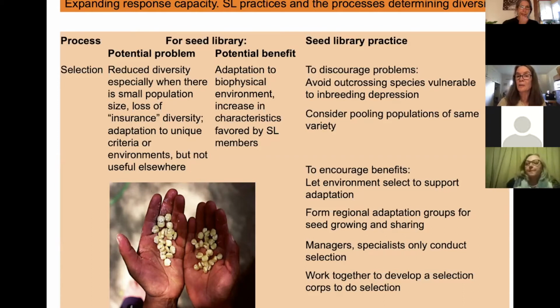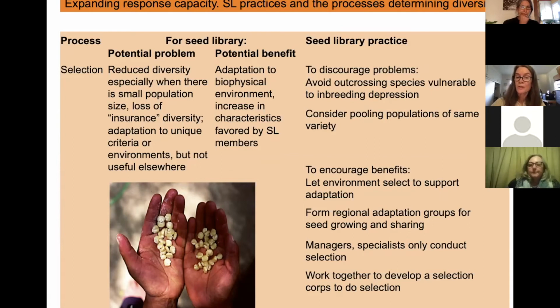They're concerned about inbreeding depression, and so they really encourage people to have large populations of maize, for example, if they're growing those. You can consider pooling populations of the same variety if you're conducting selection in many different gardens, and then pooling them together to maintain some diversity in that variety while also giving it some selection.